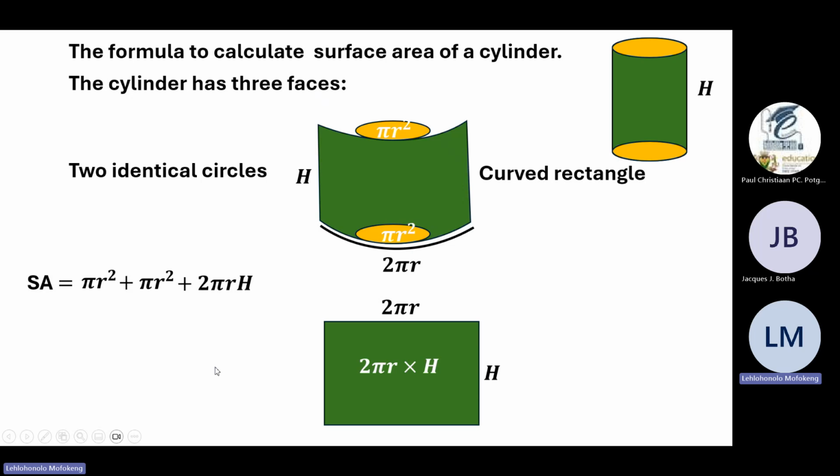And then adding to that, it will be the area of the curved rectangle, which is 2 pi r h. And then if we add the like terms, we will have 2 pi r squared plus 2 pi r h. The pi r squared and pi r squared, when added together, will be 2 pi r squared. All right. So this marks the formula to calculate the surface area of the cylinder.